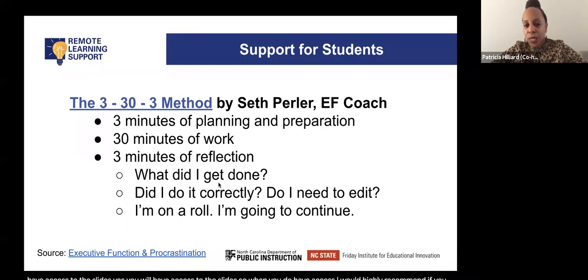It's his 3-30-3 method. I especially feel like this would be helpful for math, where he has 3 minutes of planning, 30 minutes of continuous work, and then 3 minutes of reflection. So looking at timing certain things, and then the reflection part is something students often miss, is going back and reviewing what they've done. So check that out.